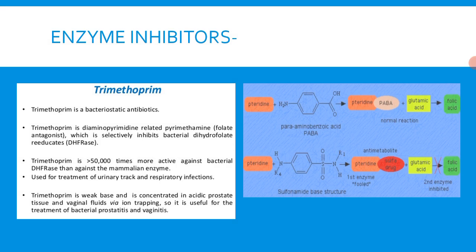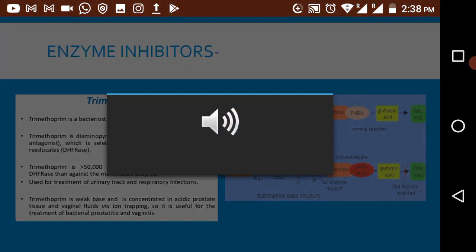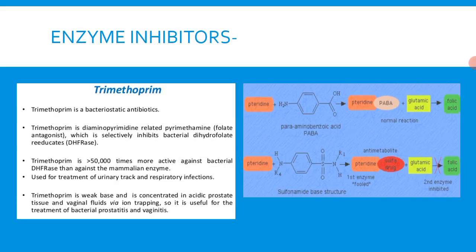Now in the presence of trimethoprim, which is a structural analog of that pteridine, what it will do, it will fool the bacteria, because it is only structurally similar, not chemically similar.